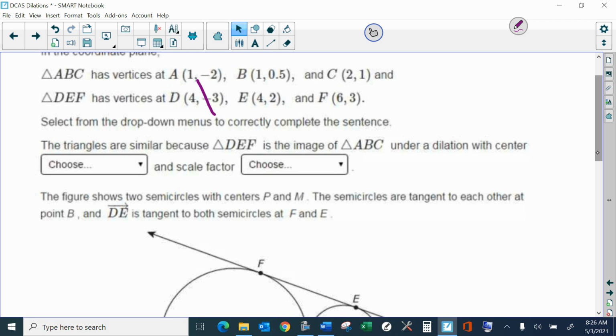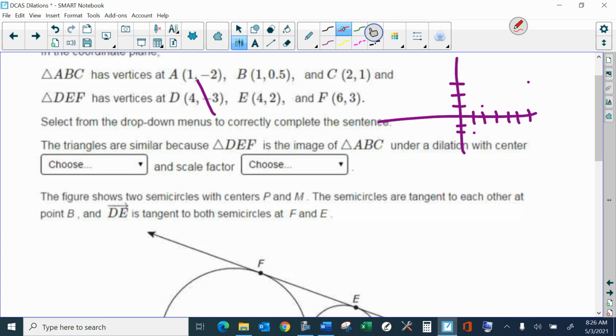Okay. So if I was to quickly do a quick sketch of that, 2, 1, 6, 3, 3, 4, 5, 6, 2, 3, and 1, -2. 1, -2 there. We'll change the color. Red. 1, -2, and 4, -3.